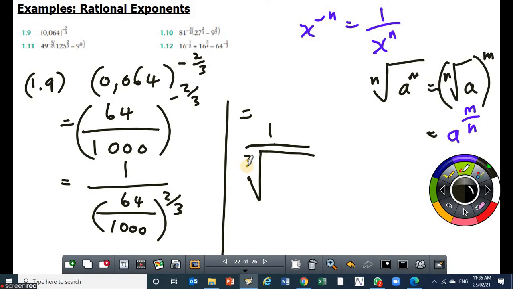The 2 is like this m there, and this 3 here is like the n. So this becomes the cube root of 64 over 1,000. Whatever answer you get there, you square it.